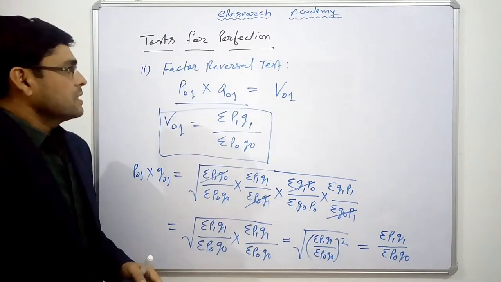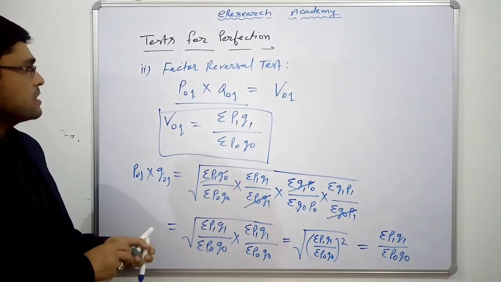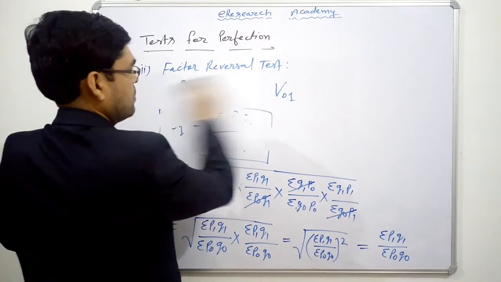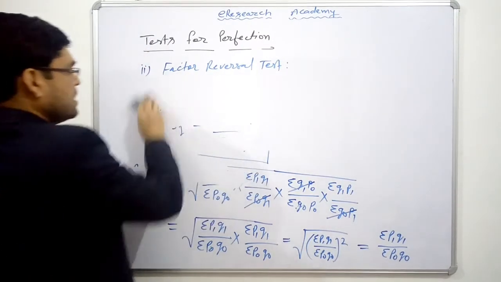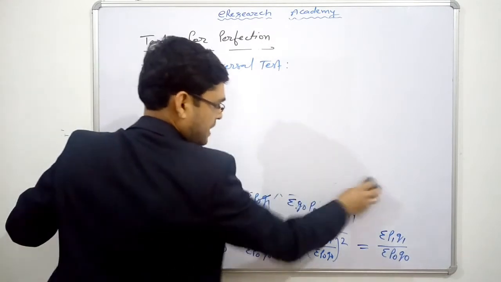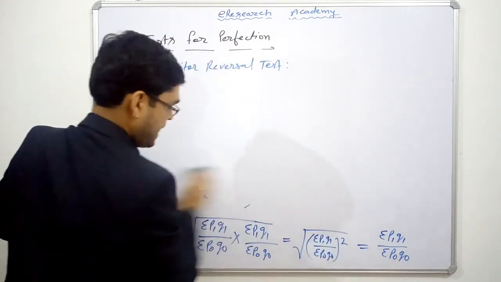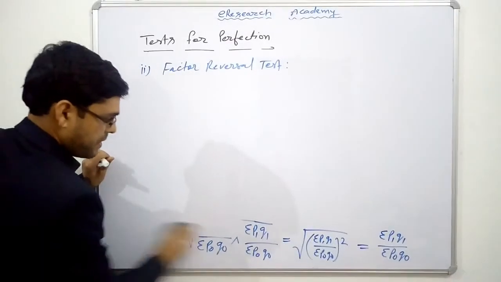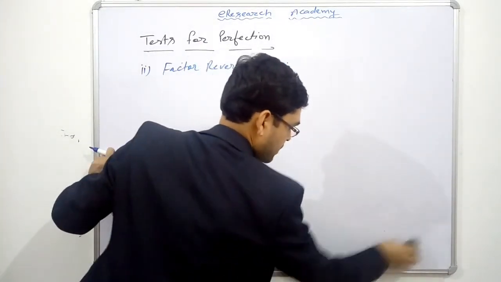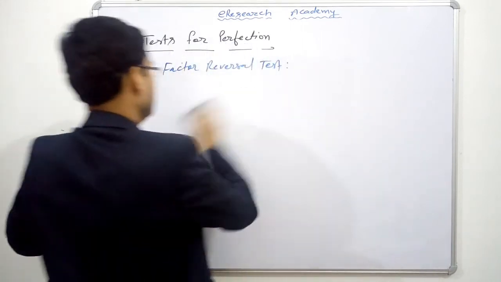So third, we have the circular test. The circular test is used when we have data to be compared over a period of years, more than two years.